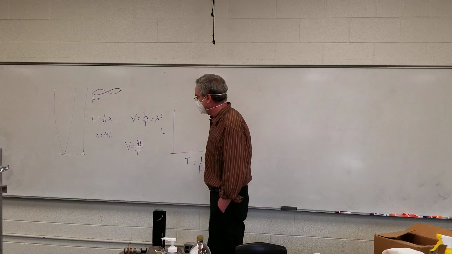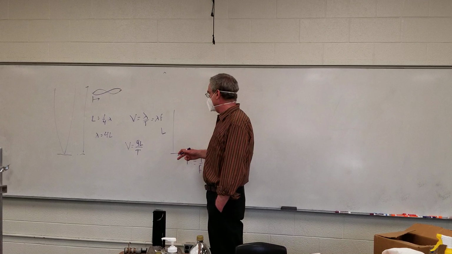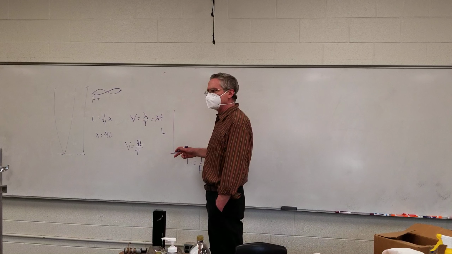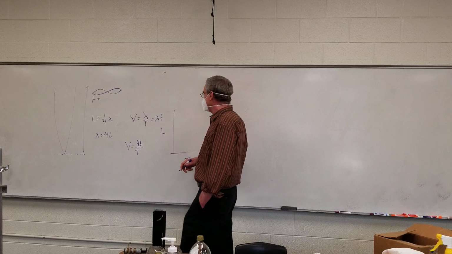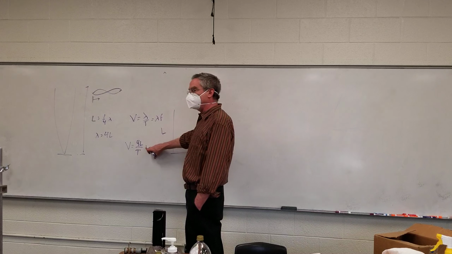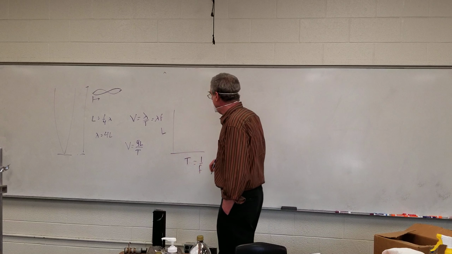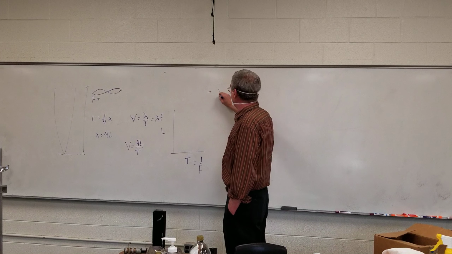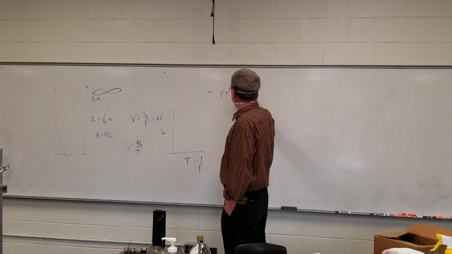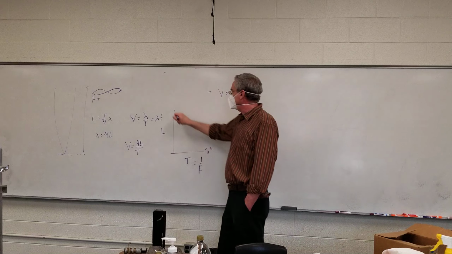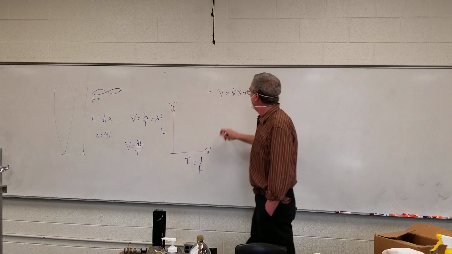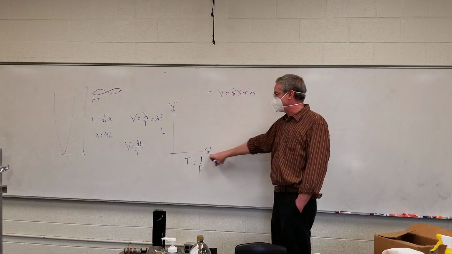Did I use V for the speed, or C? V. So this is the relationship we're looking at. If I put it into y equals slope x plus b form, where this is x and this is y, the slope is whatever we're multiplying times the period.